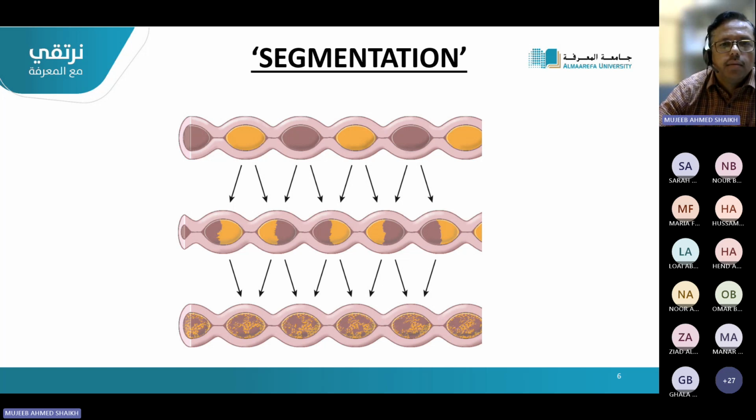Segmentation contraction is mainly mixing the food. Also, it will roll the chyme. The partially digested food is called chyme. So it is rolling the food in the lumen so that it comes across all the areas of the mucosa and will be absorbed. This is the purpose.